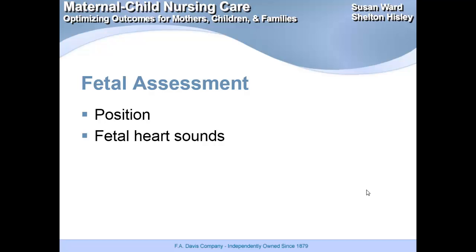Variable decelerations is where the decels are variable in their onset, frequency, duration, and intensity. Usually it goes down 15 beats per minute or more, lasting at least 15 seconds, and then it returns to baseline.